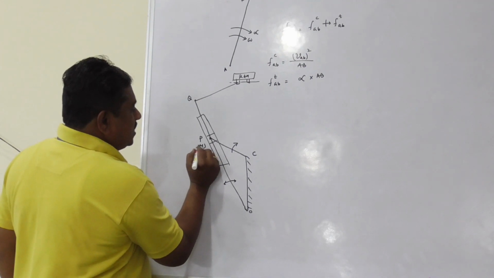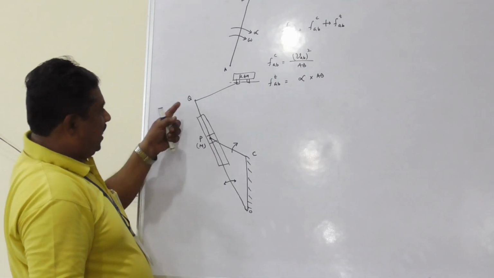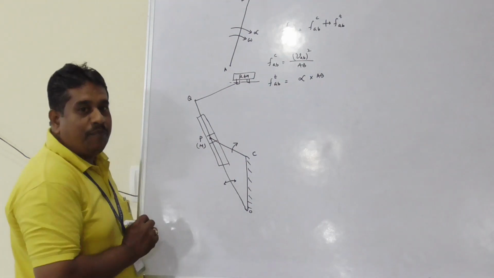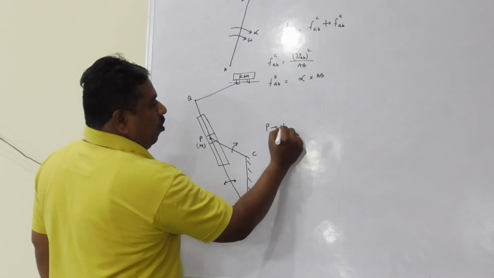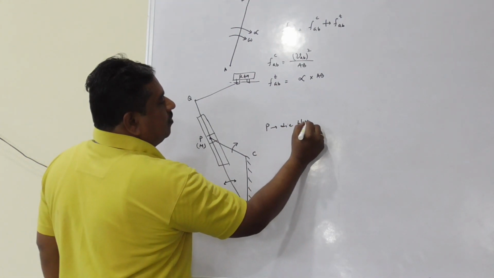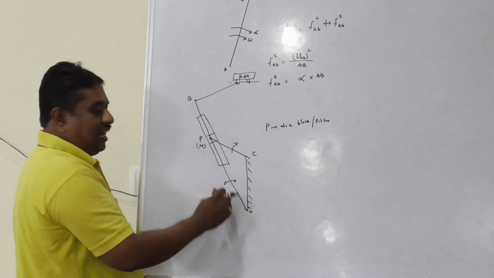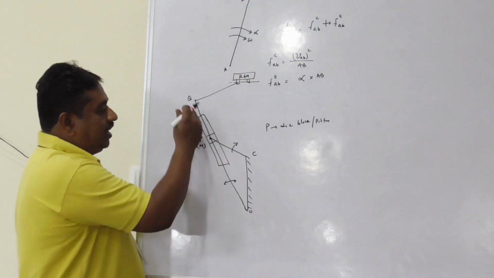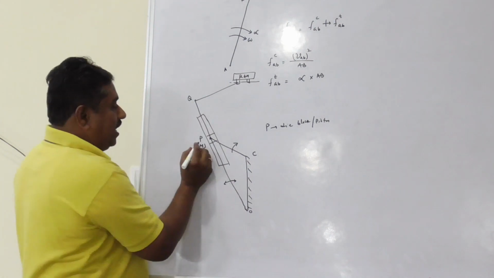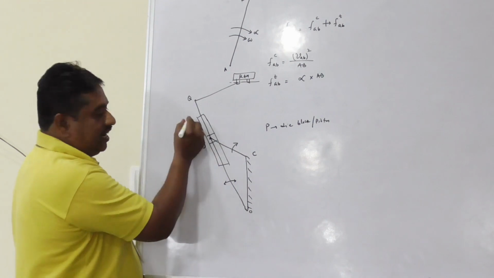Here, M is a fixed point on an oscillating link, P is a moving point, P is a die block or piston which slides in a slotted link, and M is a fixed point on the oscillating link.